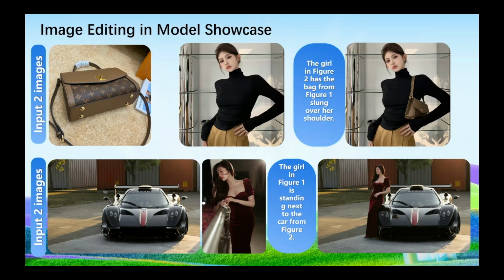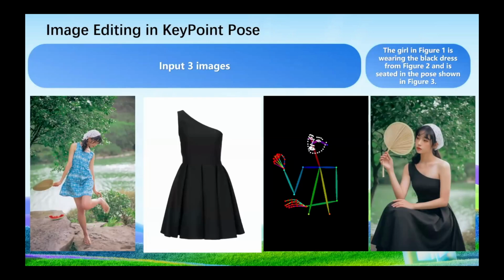So in this example, control and rendering happen together. In one seamless step, we give it three inputs: a girl with a leg behind her, a target outfit that is a black dress, and a reference pose, the key points.